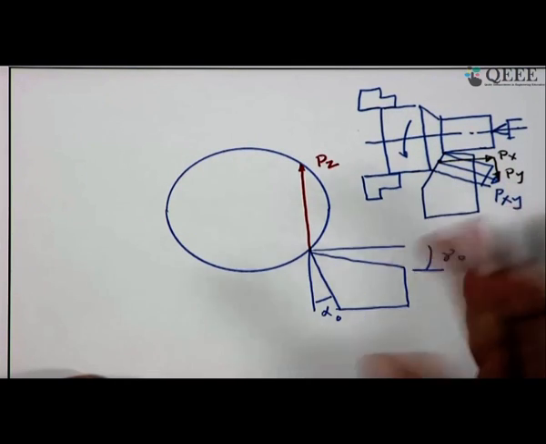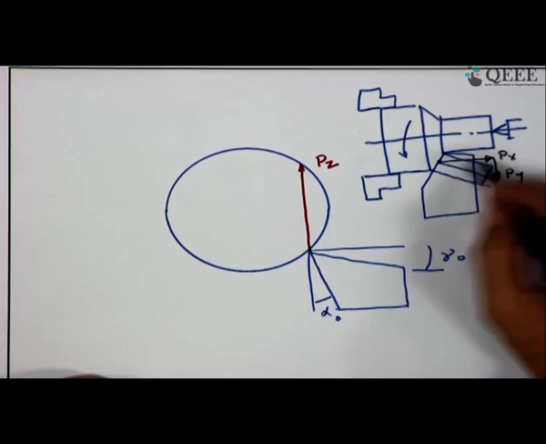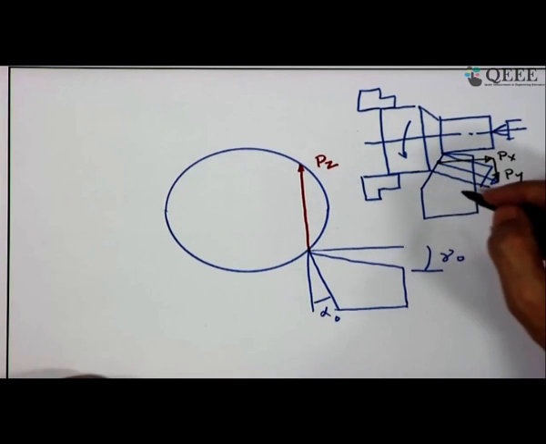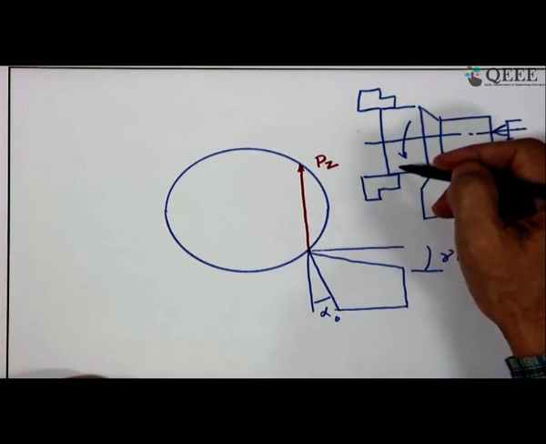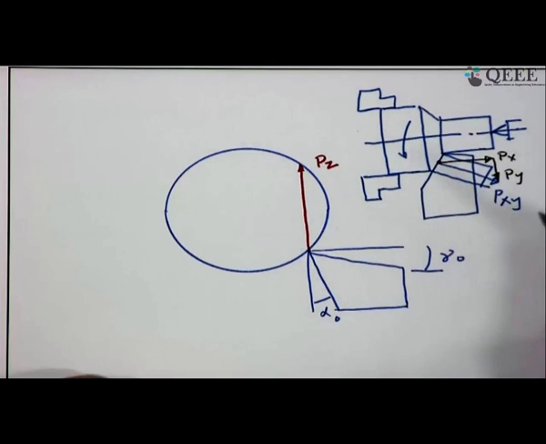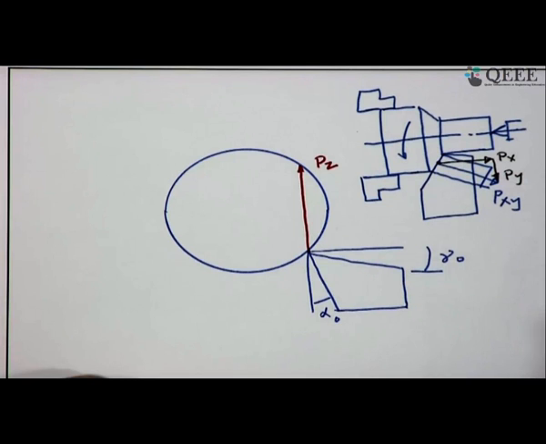Of course, it is action and reaction. So, Py is radial, Px is axial, and the tool is also forcing the job in both directions. In this direction, that is the force exerted by the cutting tool, and in this direction radial, that is also the force exerted by the cutting tool.